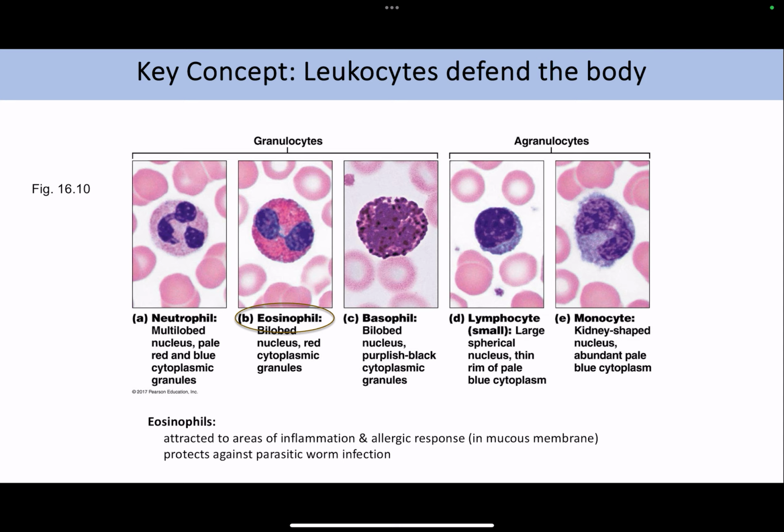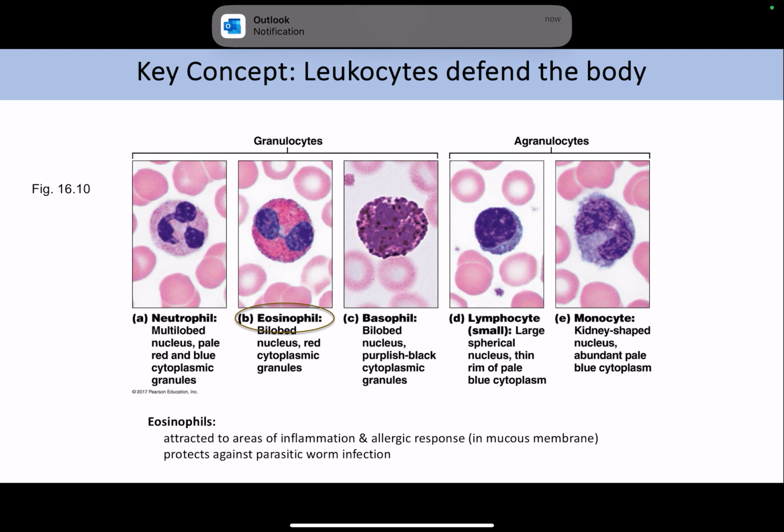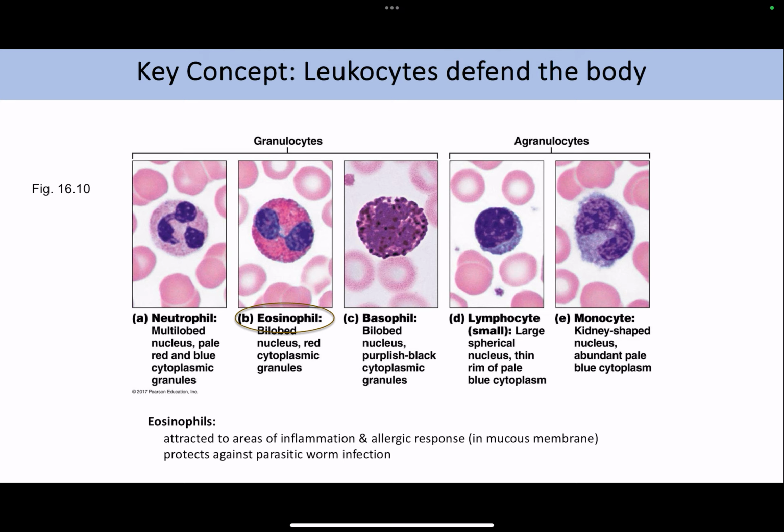Now, again, eosinophils fight off parasitic worms. Those are going to be much larger, so a single cell cannot engulf a parasitic worm. They actually use enzymes to degrade their target. Go back. So here's a parasitic worm, and then you can see eosinophils coming to attack it all at once.